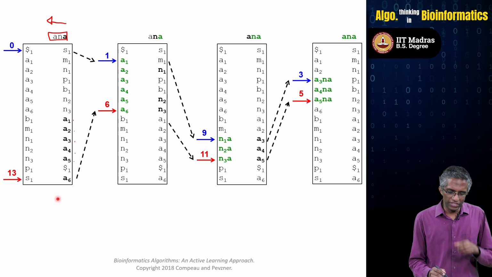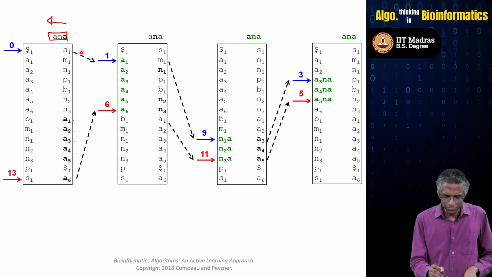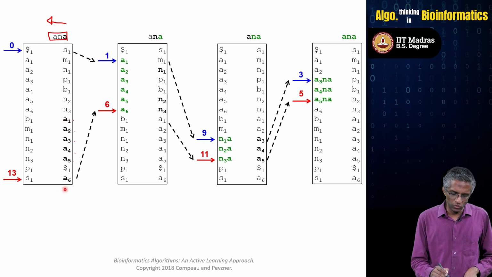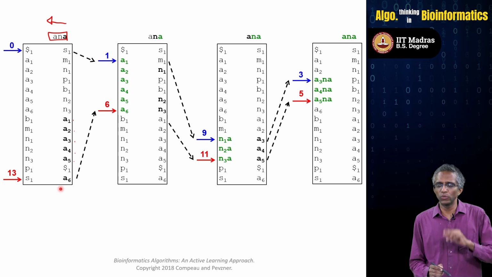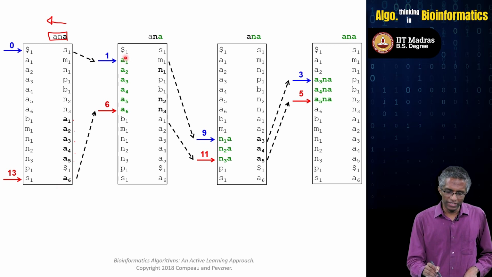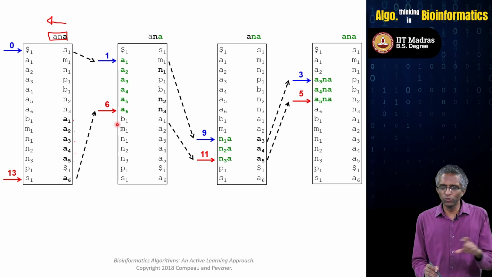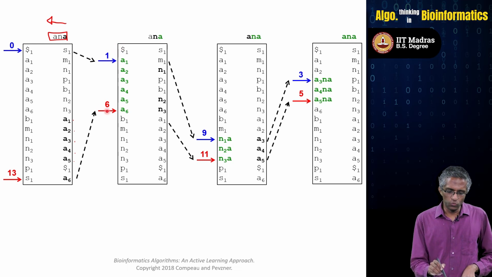Now that you have seen this particular A occurring in the last column, you have A1 to A6. Because of the first to last property, you know that they are the same A's here in A1 to A6. So now you have narrowed your search down to the hits that I have to look at. In the Burrows-Wheeler matrix, I only have to look at rows 1 to 6, okay?